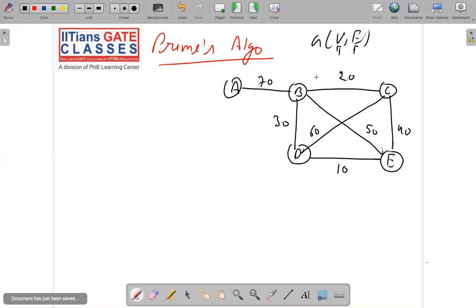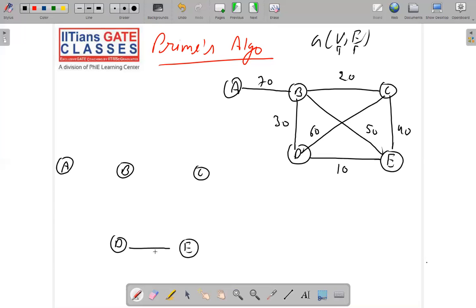Now, what was Kruskal algorithm? We draw all the nodes first, and we start from the minimum edge, which is 10, and then the next minimum which was 20, then 30, and the next minimum was 40. But 40 will make a loop.